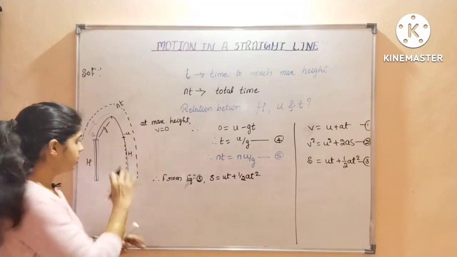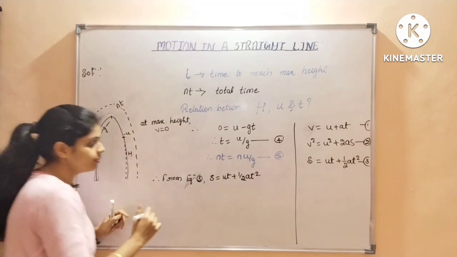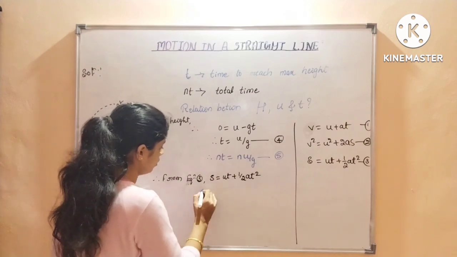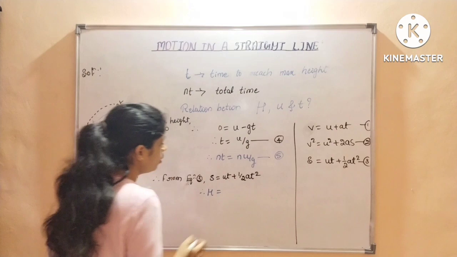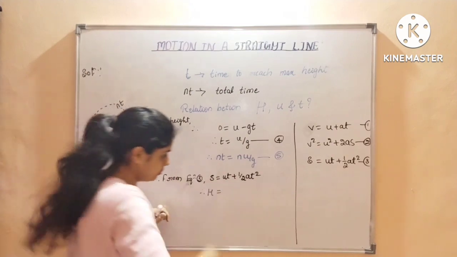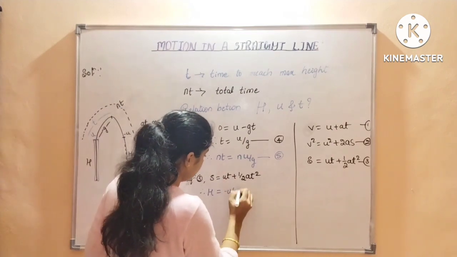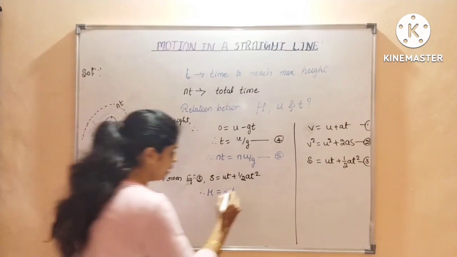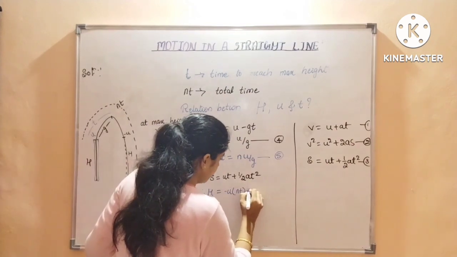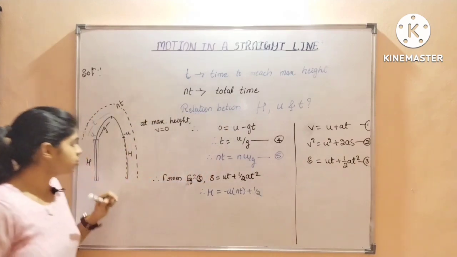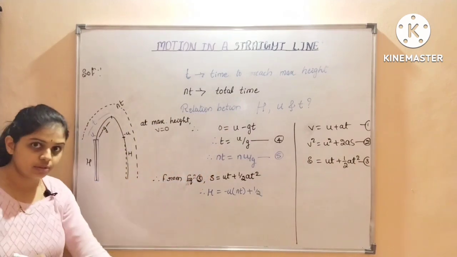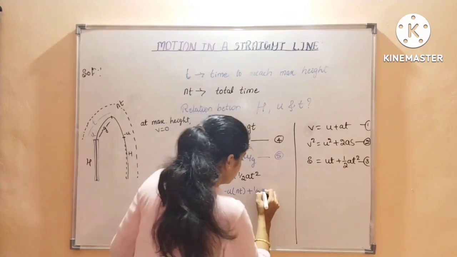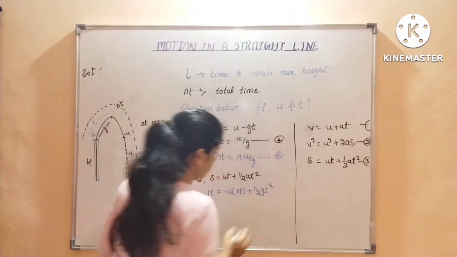Here s is the distance, that is the height of the tower. Therefore h equal to, what is u here? Minus u, negative u. T is the total time taken by the particle to reach the ground, that is n into t, plus half a, acceleration due to gravity, the particle is coming towards the earth, so plus g, t square.